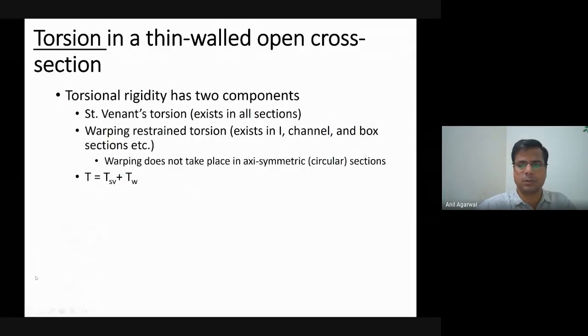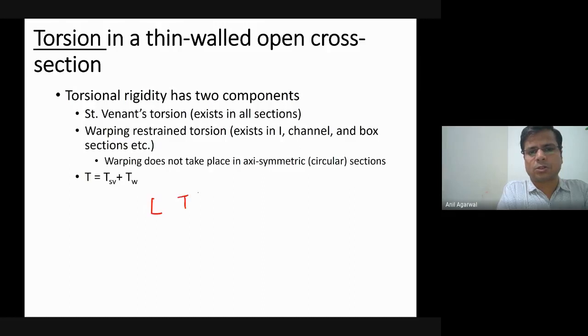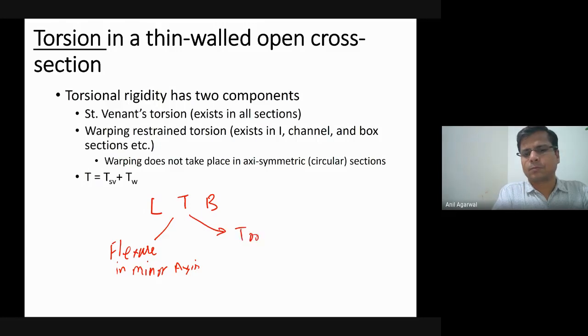Maybe I'll write something here. So we will start from lateral torsional buckling, which is made of flexure in minor axis and then torsion. Okay.